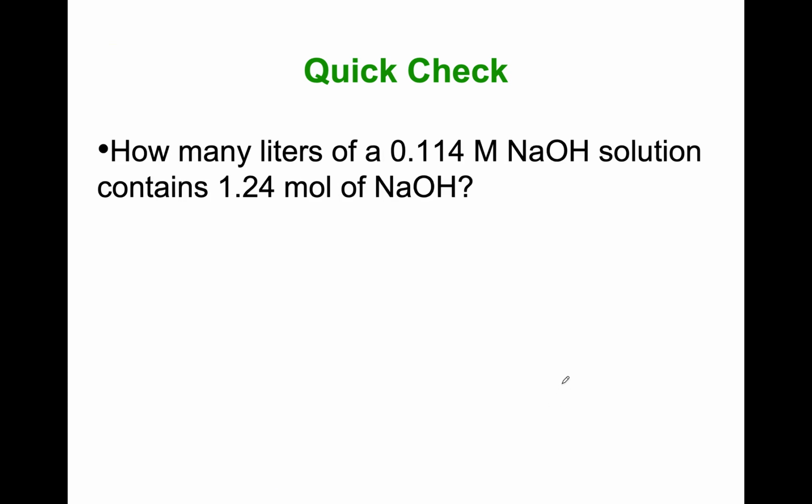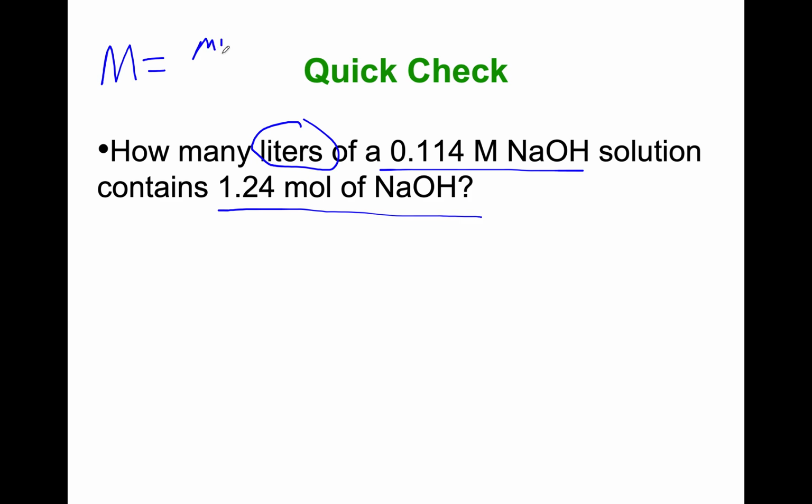So now let's use the molarity. You're given the molarity of sodium hydroxide, and you're given moles, solve for liters. Again, I showed this earlier, capital M, rewrite it right away: moles of solute, liters of solution. Some of you will just plug it in this formula and there's nothing wrong with that. That's great.